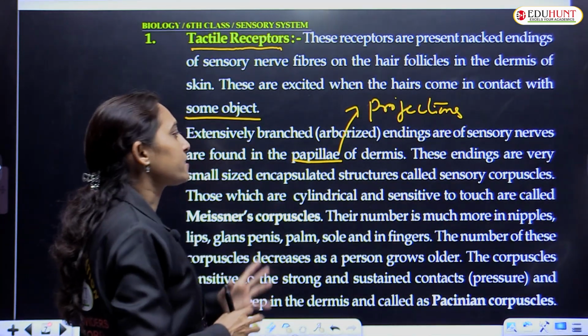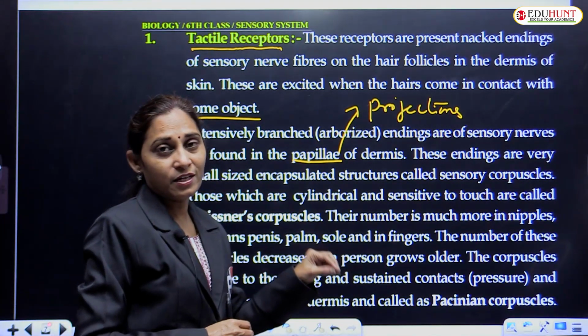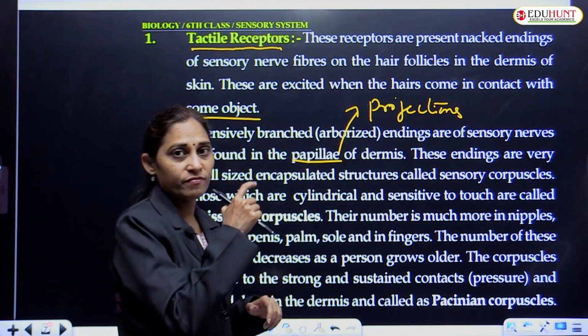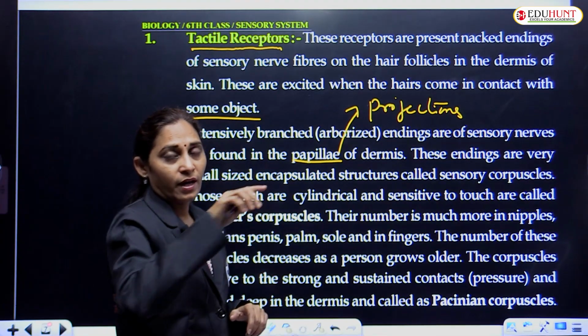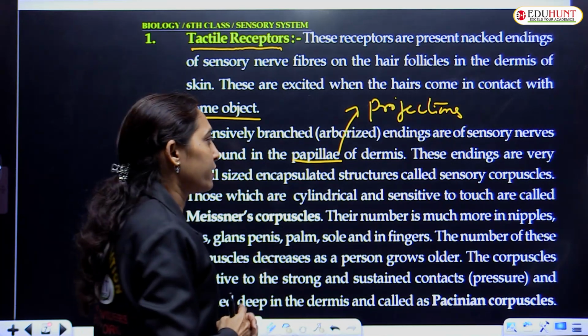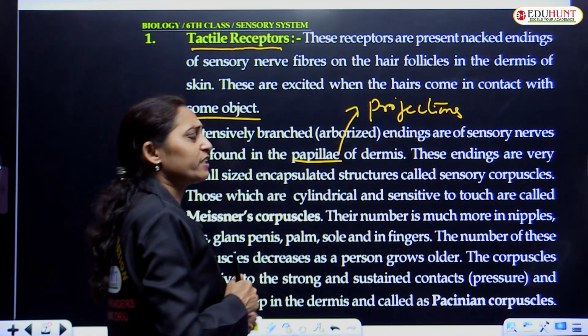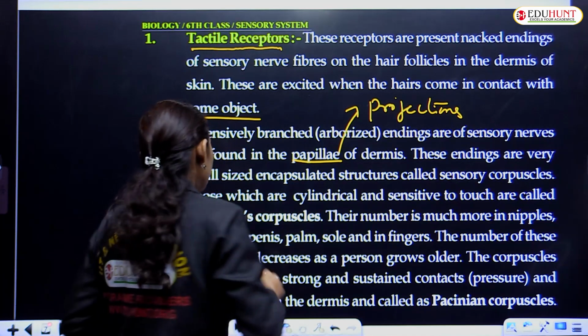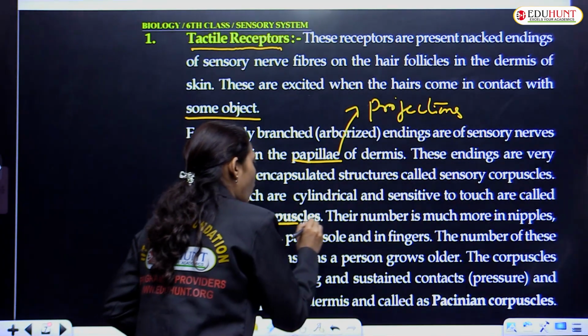And then these endings, that is the sensory nerve fiber endings, have connection with the encapsulated follicles. Those which are cylindrical and sensitive to touch are called the Meissner's corpuscles.